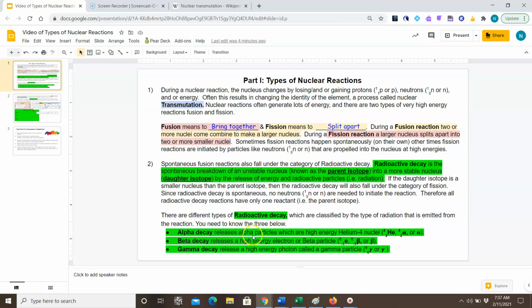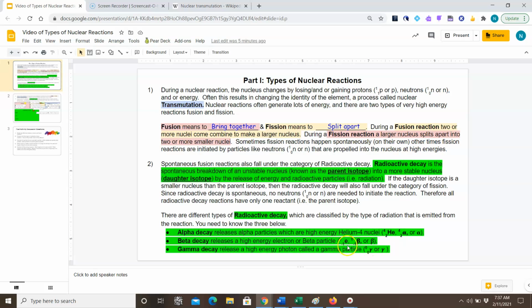Alpha decay involves release of alpha particles, which are high-energy helium nuclei. So they can have this symbol here, helium, or the alpha symbol. And it's helium-4, so you have the mass number 4 and then the nuclear charge number, or you can also think of it as the atomic number if it's an element, of 2.